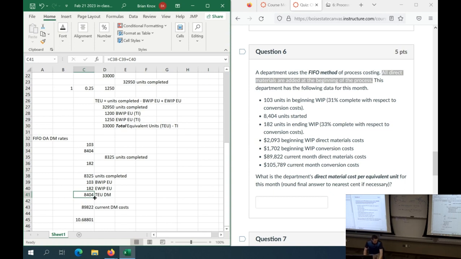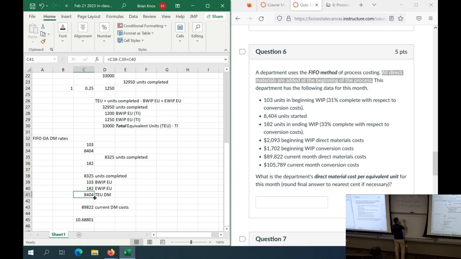In case I went through that too quickly, the idea is we have units completed equals beginning WIP units plus units started minus ending WIP units.